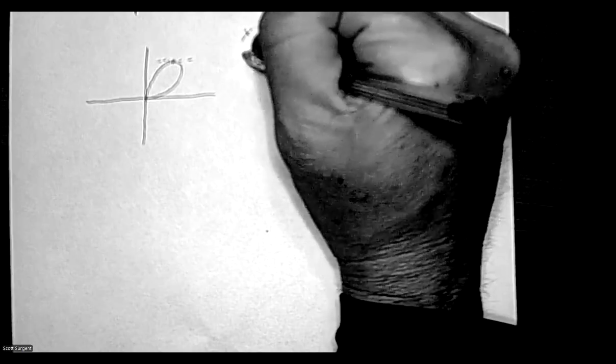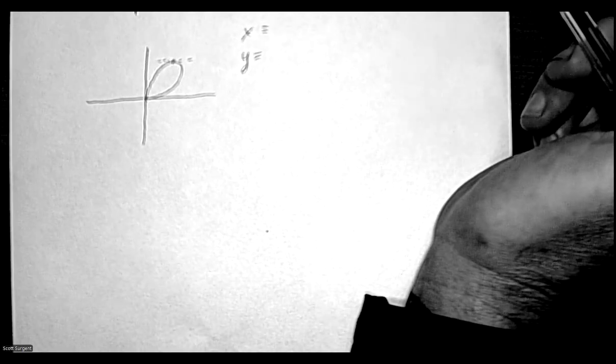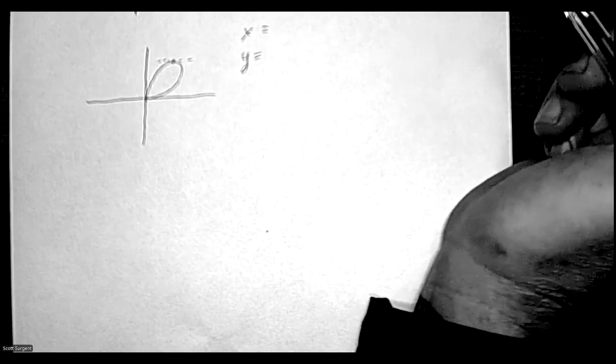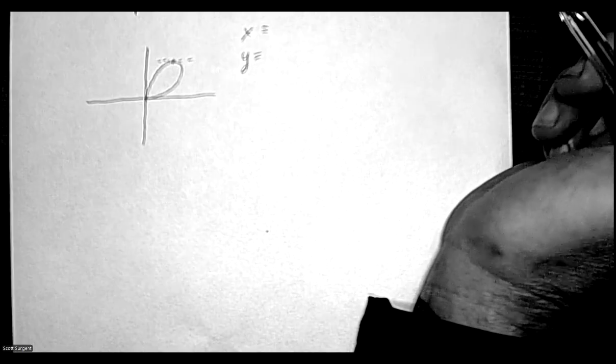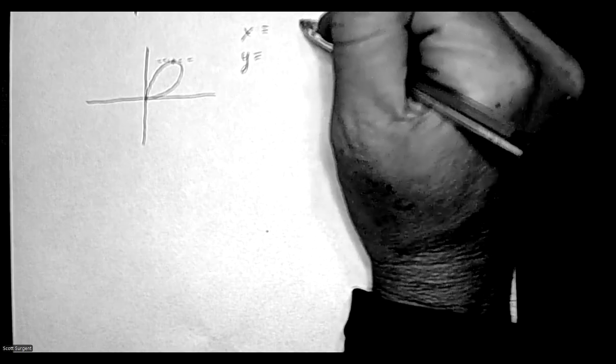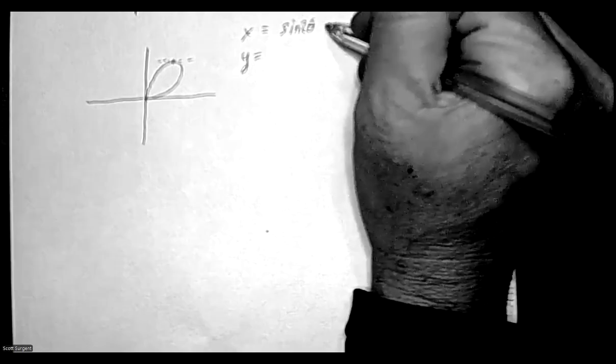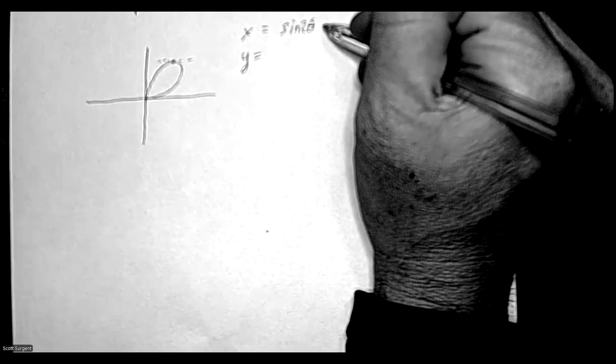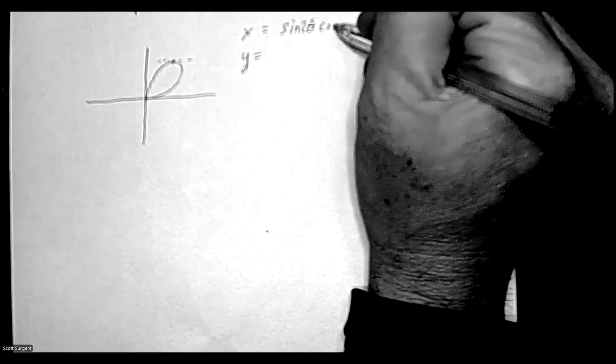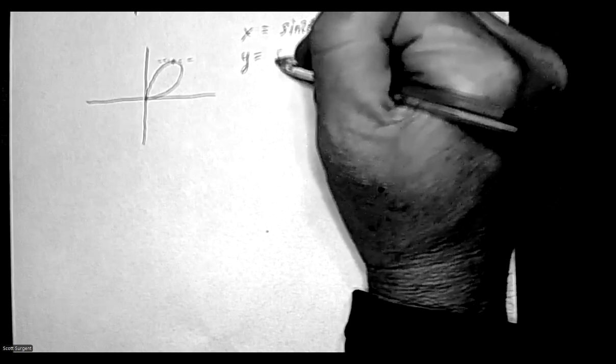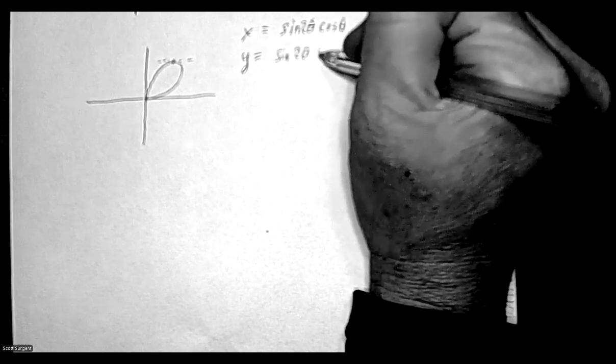So what we need to do here is get this back in x and y nomenclature, because when we talk about a horizontal tangent, we're looking at this in the x and y Cartesian way. So I take the sine 2 theta and multiply that by cos theta, and then take the sine 2 theta for y and multiply that by sine theta.